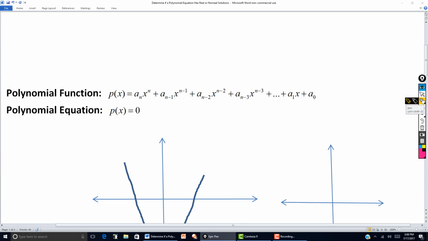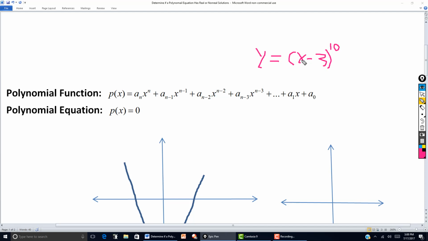For example, something like this: y equals x minus 3 to the 10th. If I were to actually multiply this out, my first term would be x to the 10th.